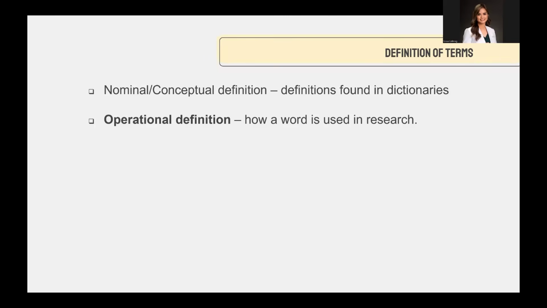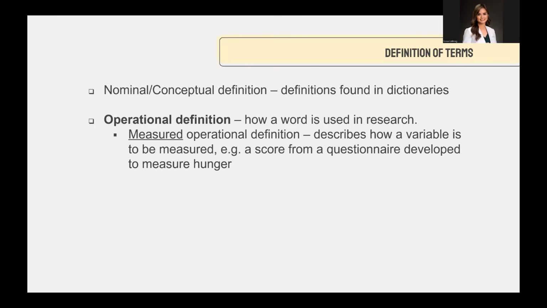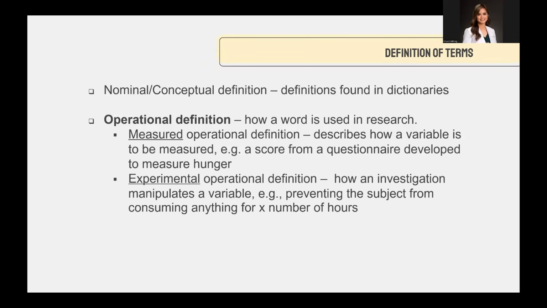Next is operational definition, or how a word is used in research. You have a measured operational definition, which describes how a variable is to be measured, such as a score from a questionnaire developed to measure hunger, or experimental operational definition, which is how an investigation manipulates a variable, such as preventing the subject from consuming anything for X number of hours.